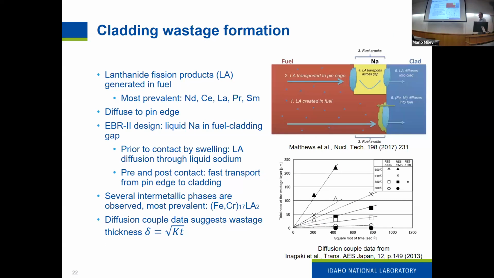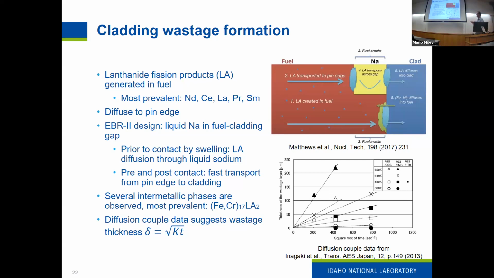To understand the physics, we look at the progress of this as a multi-step process where the lanthanides are created in the fuel. The lanthanides that are of concern are listed by prevalence there, starting with neodymium, cerium, and so on down the line.